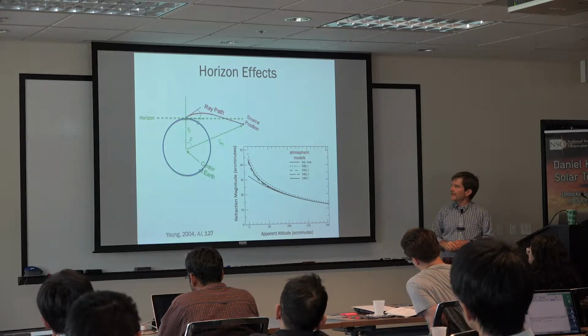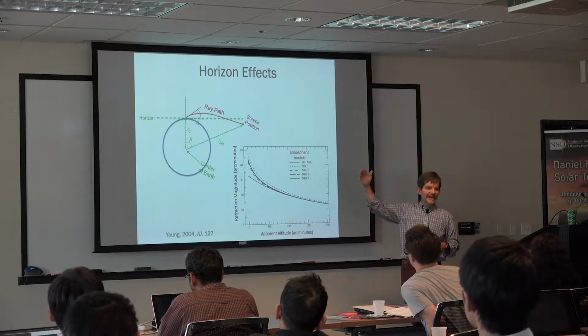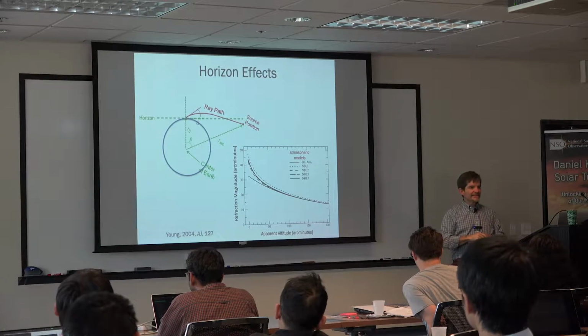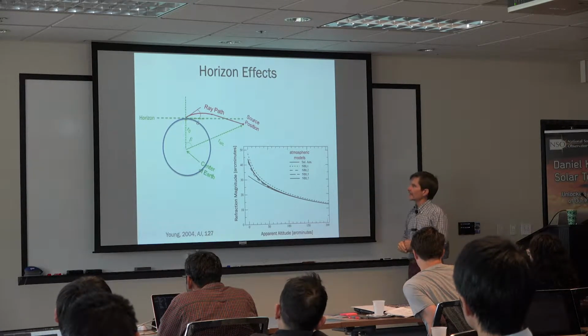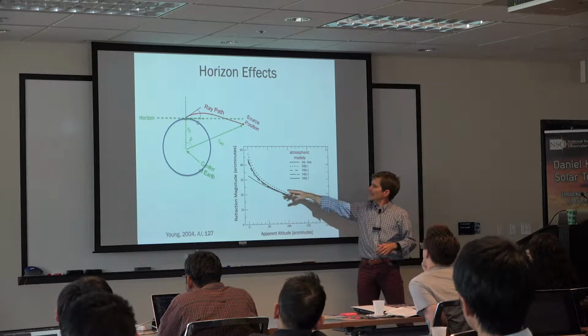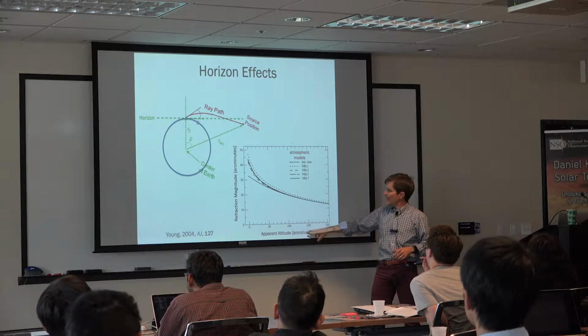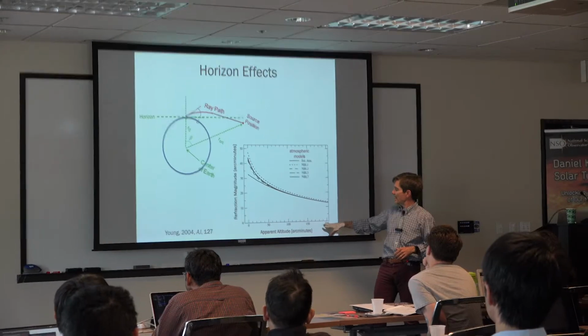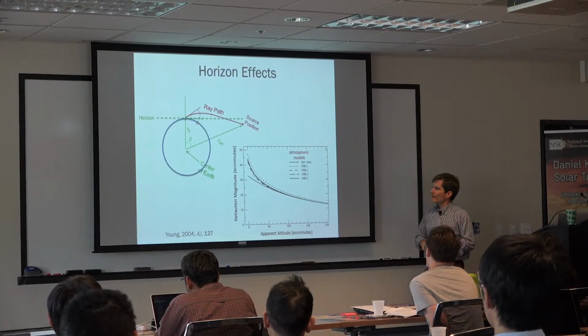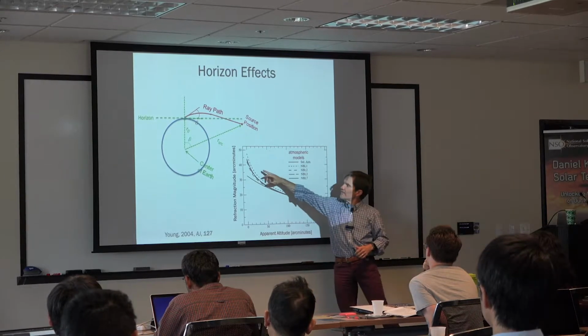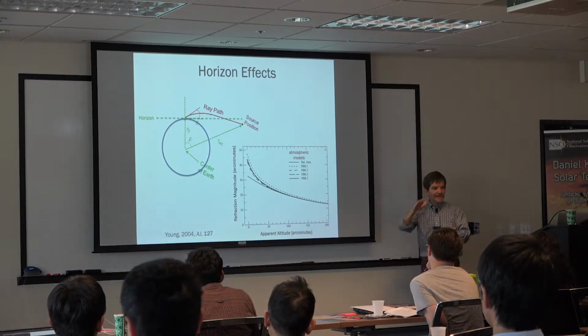Actually, what you can get is that the horizon is depressed. We see the sun even while it's still below the horizon because of the refraction. The light ray is bent near the horizon. So this is the apparent altitude down here in arc minutes, only a few degrees above the horizon. And you see the refraction now is about 40 arc minutes, so greater than the diameter of the sun.